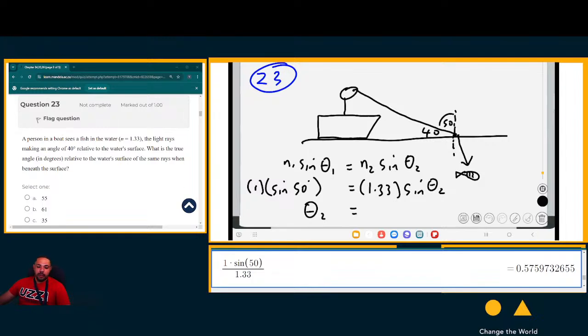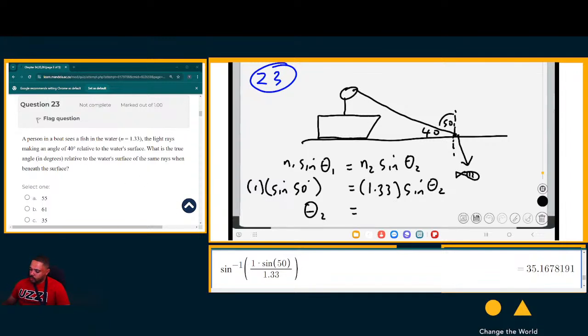Now we want the inverse sine of that whole expression. It's 35.17 degrees. So 35.17 degrees is the angle of refraction.